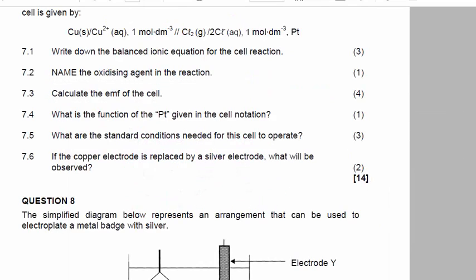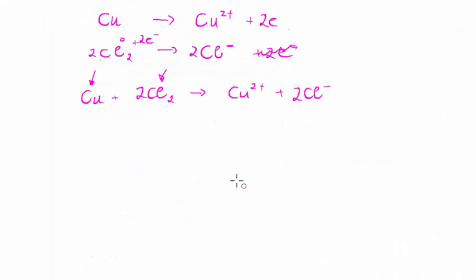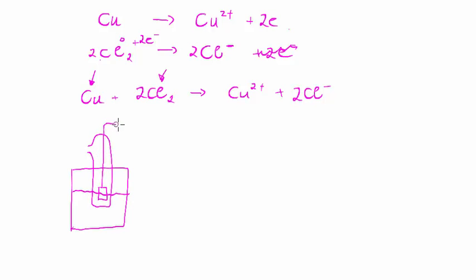So if I were to draw it for you, and I would encourage this, go and practice drawing it and trying to make sense of what this is going to look like. So our gas being pumped in here, our electrolyte solution there, our platinum bar there, connected to a voltmeter reading.